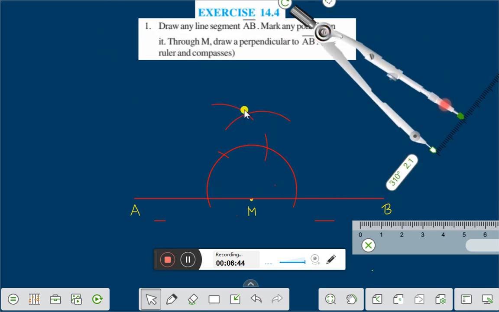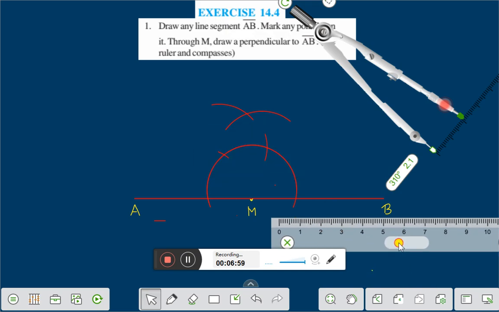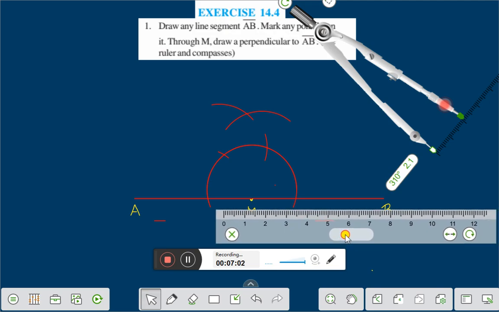Now you see this point you get, if you join this point and this point you will get a perpendicular line, right? Let us draw this line with the help of a scale.